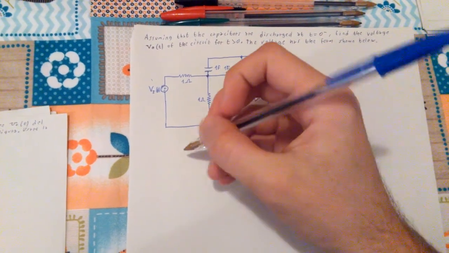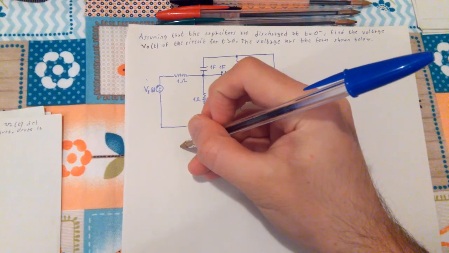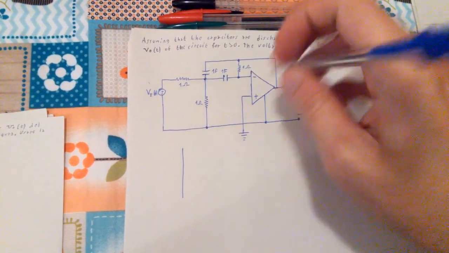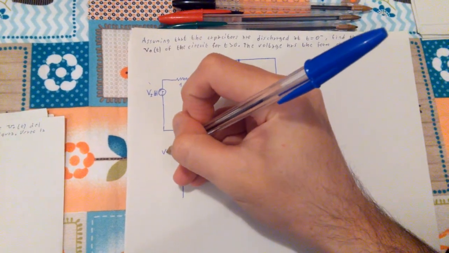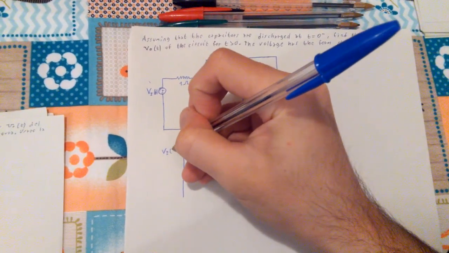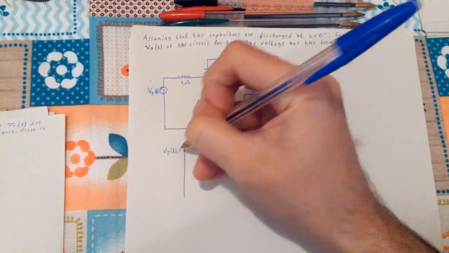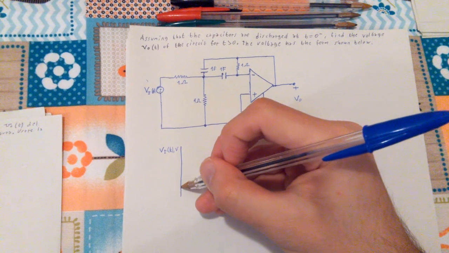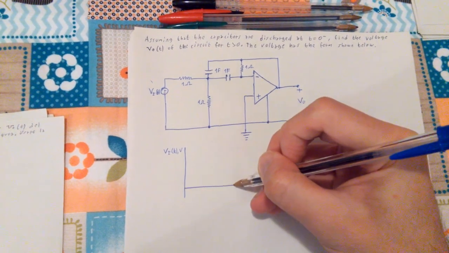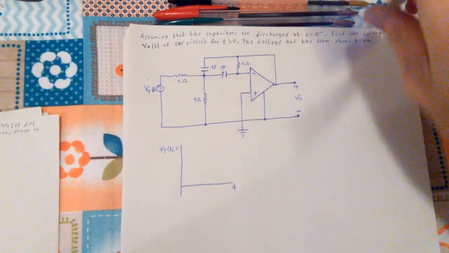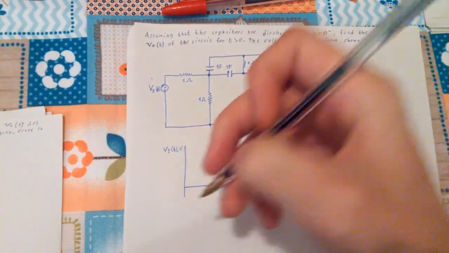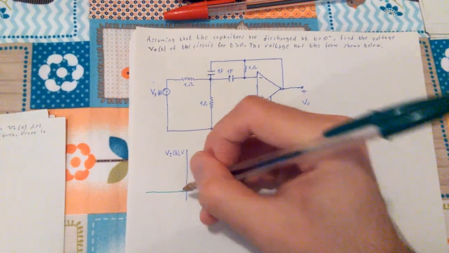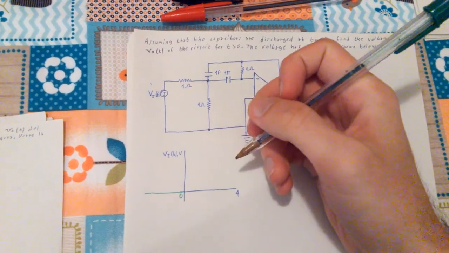So the graph of the voltage looks like this. This one would be Vi of t, and from here to here will be like this till 4, and then we will have the graph, which is 0 on this side.